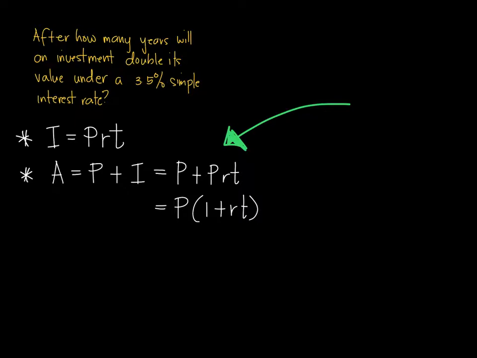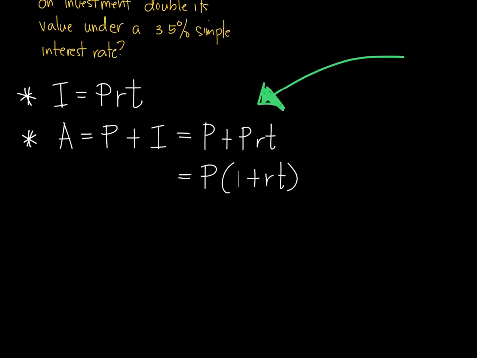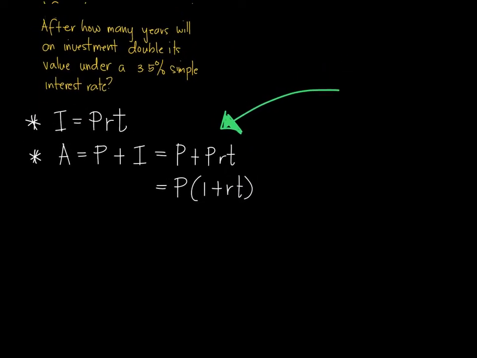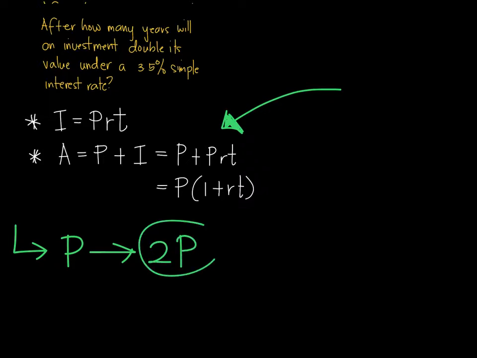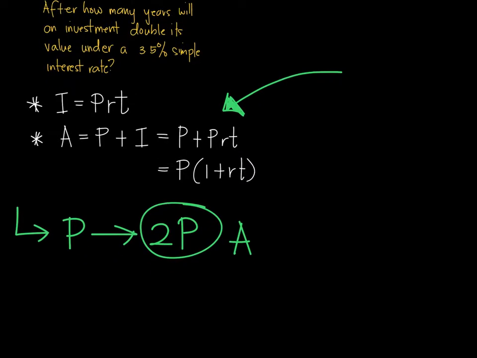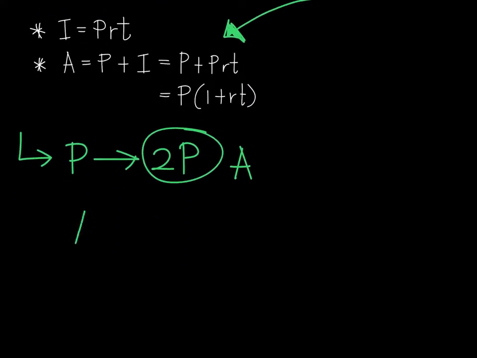That means we are concerned about P becoming 2P, where 2P is the future amount of P. Applying the amount formula, P times (1 plus RT), the time we're looking for is when A becomes 2P.